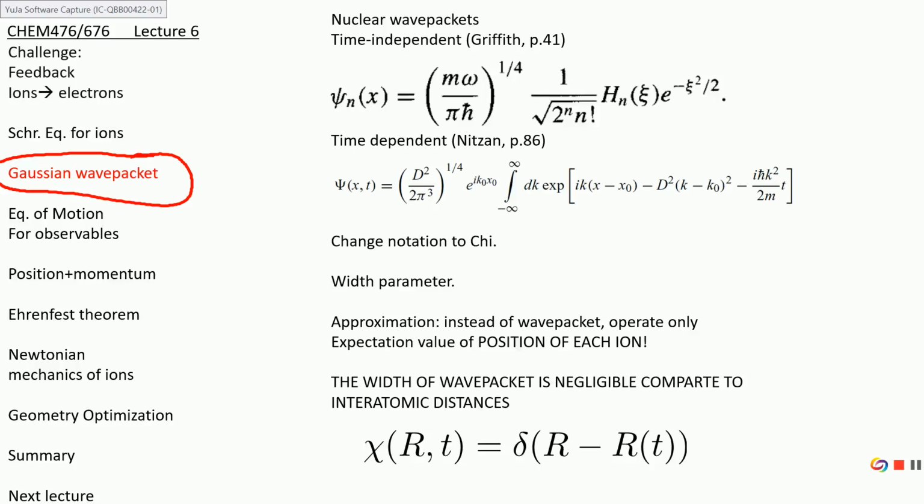And you see this minus xi squared, so typical Gaussian shape, right? And those are eigenstates of a harmonic oscillator, and this is Gaussian when it moves slow.